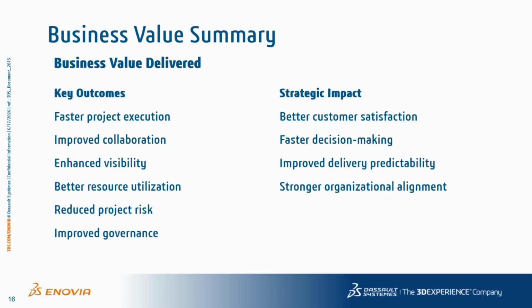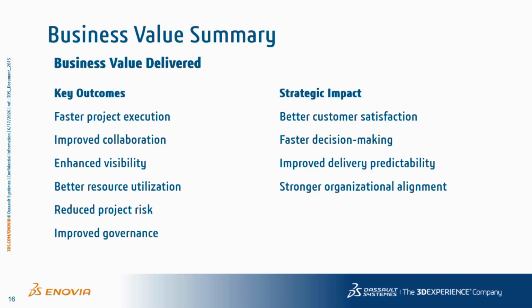What are the business values which a valid project planner tool delivers? These are the key outcomes. You have faster project execution. You have improved collaboration between every team, so you can make sure there is no miscommunication between the teams.